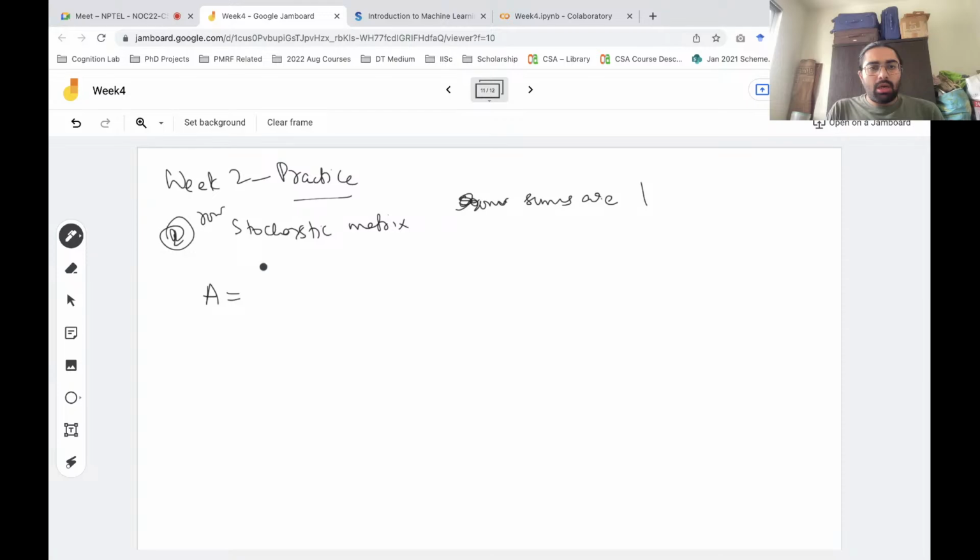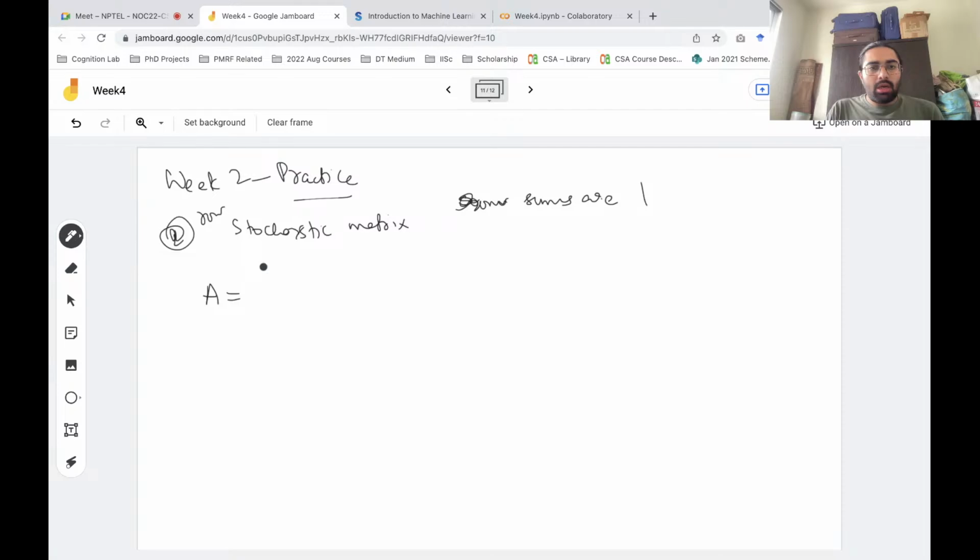So what is the one eigenvalue that you know for sure exists in such matrices? Eigenvector, sorry. So imagine I take a vector x, let's just call it 1 bar, which is all ones.